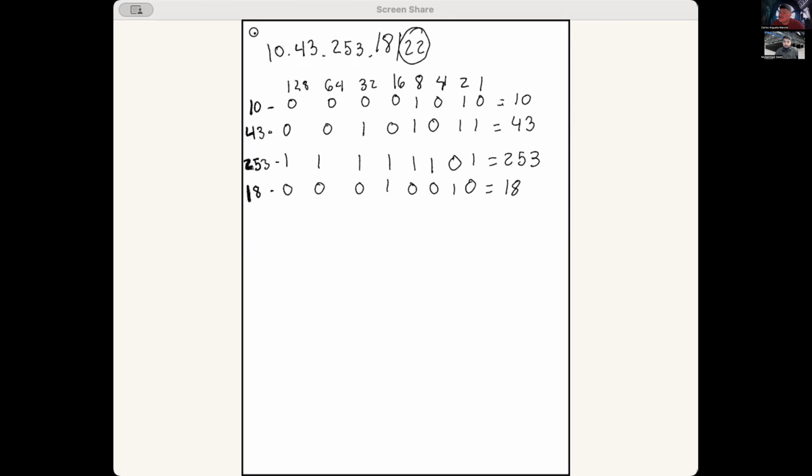Okay, so what does slash 22 look like in subnet form? It is 255, 255, 255. Nope, not 255.